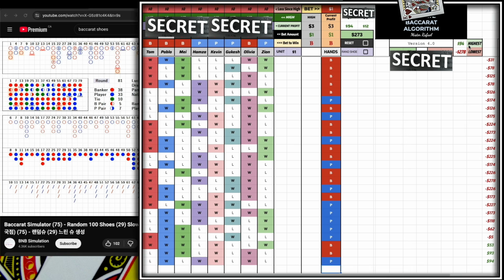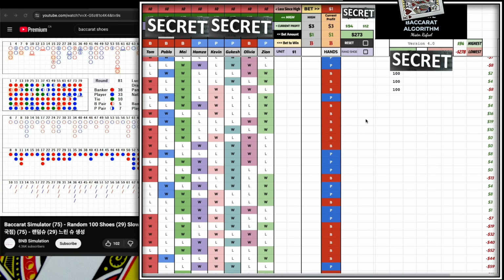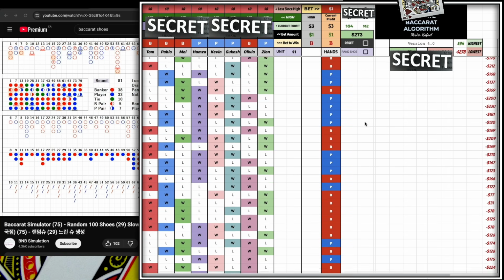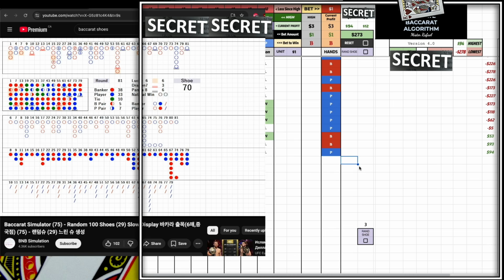Okay, highest profit $94. Biggest drawdown at minus 278. Currently sitting at $94. All right, so that was two shoes. Next bet is $1 on banker. All right, let's go to a third shoe since we need 6 more units for our win goal.